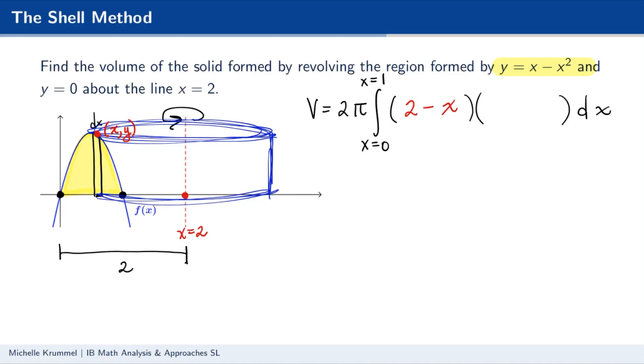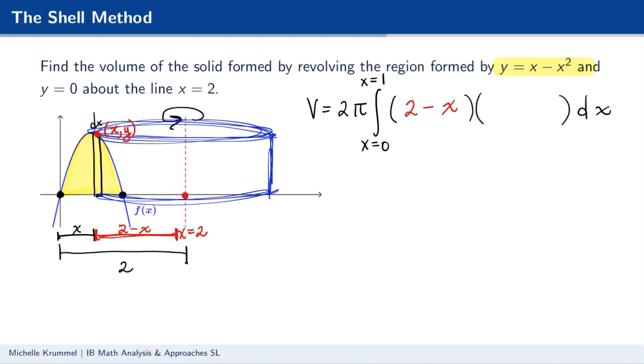So I know that my actual radius is less than 2. And this distance right here, the distance from the origin to the point x comma y, the point on my curve, that distance is just x. Now what we're actually interested in, the radius of our cylinder, is this distance right here. So it's 2 minus the x. 2 minus x is this distance right here, and that is our radius, 2 minus x.